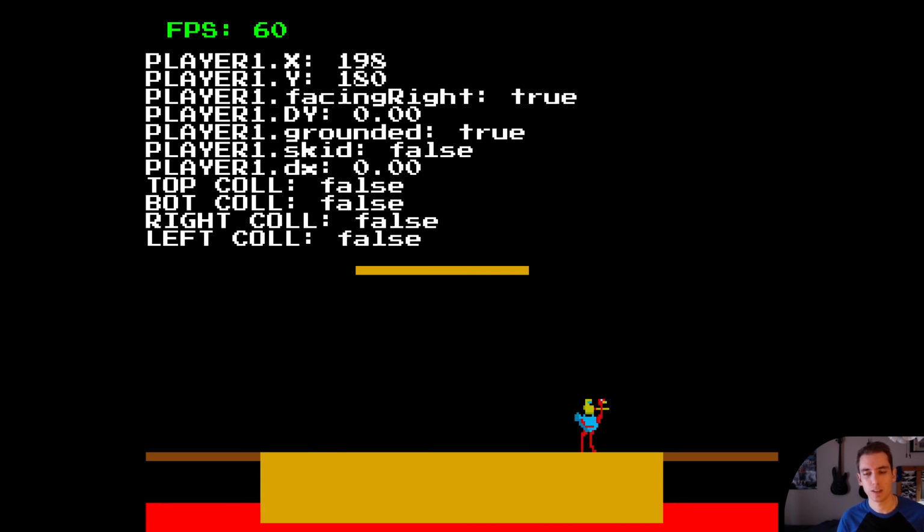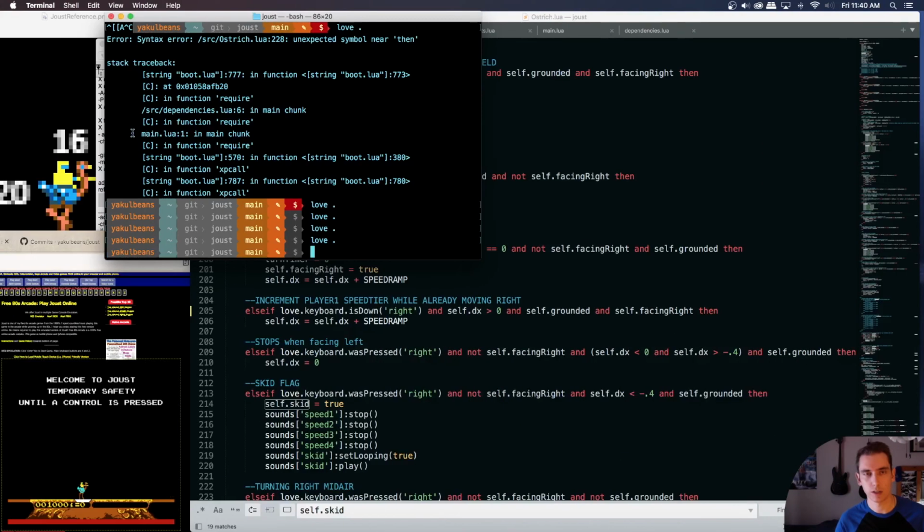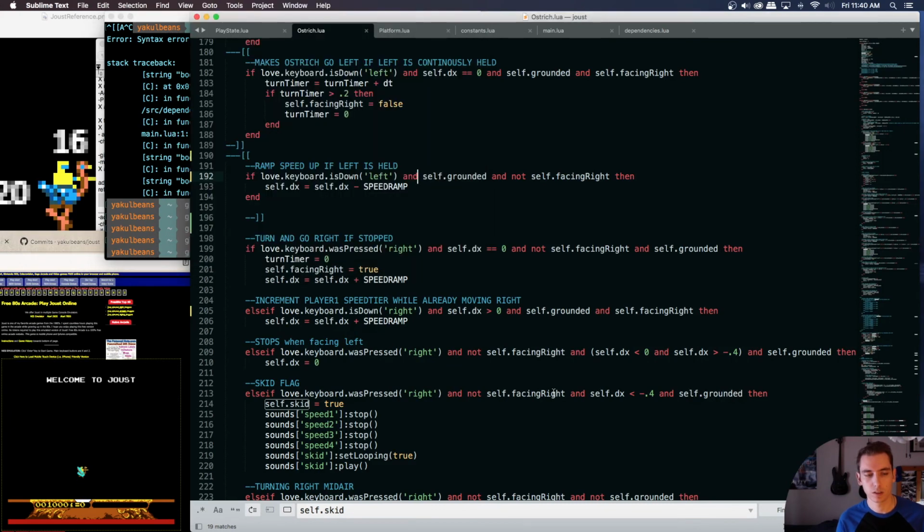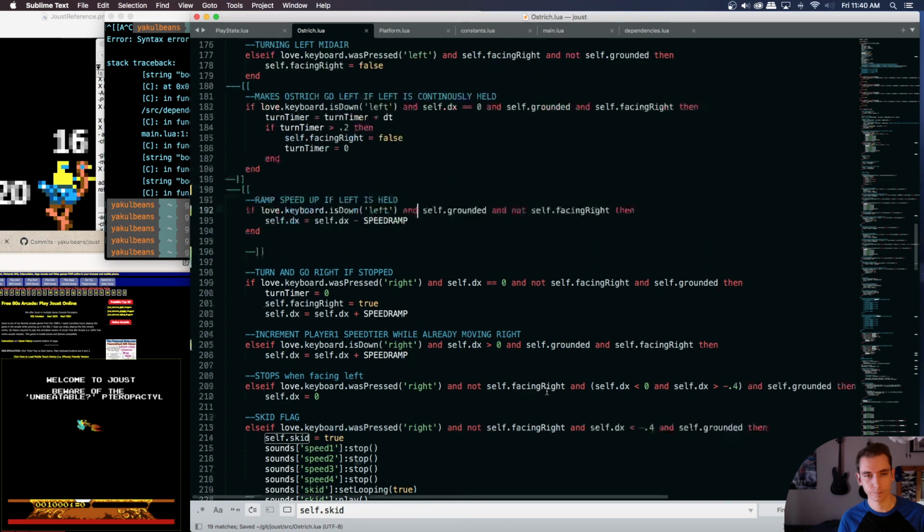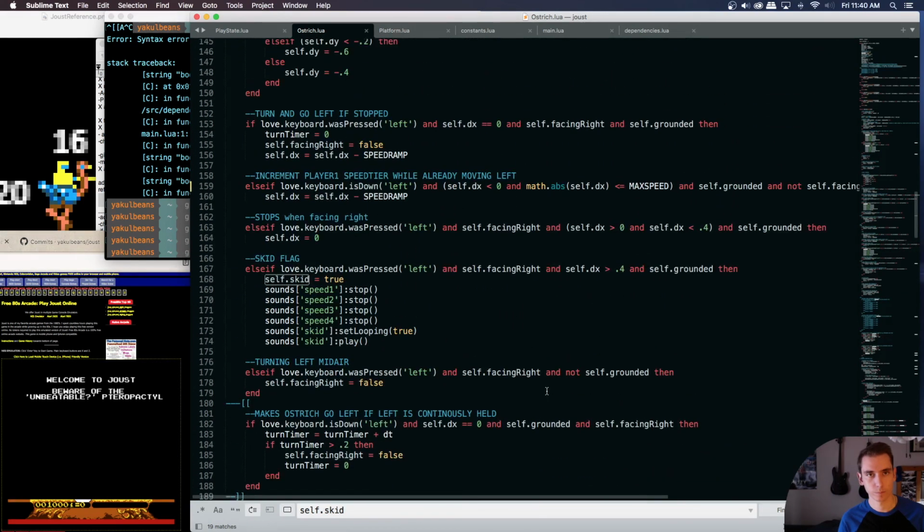It's because I feel like dx is being incremented by my right, and then it's being decremented by my left. Yeah. So what do I need to do?